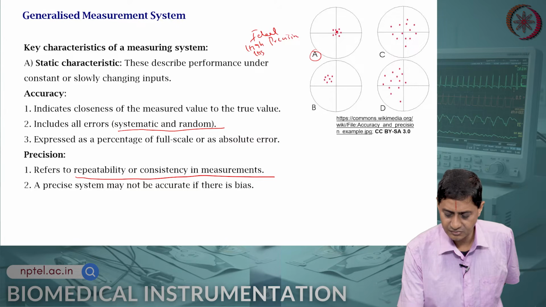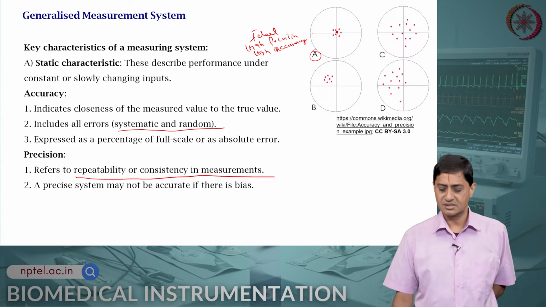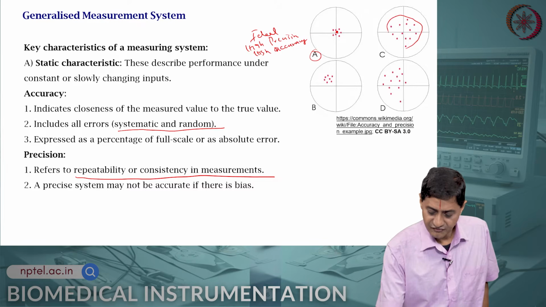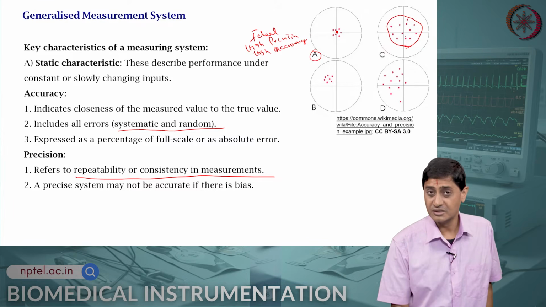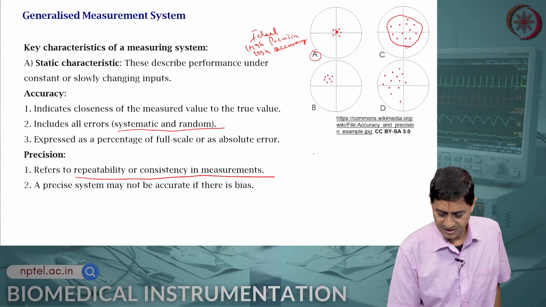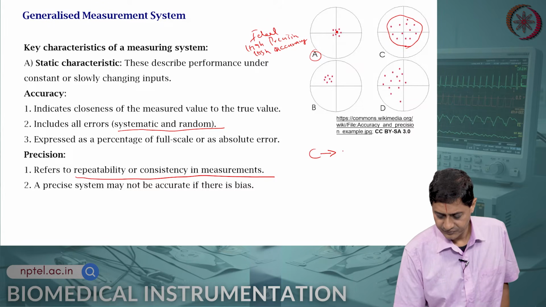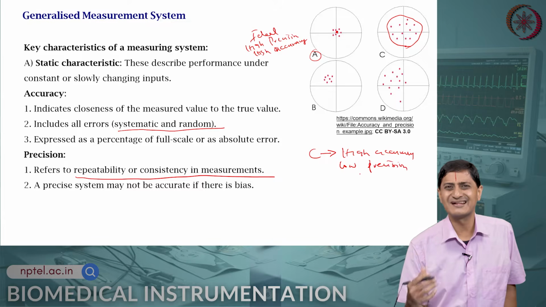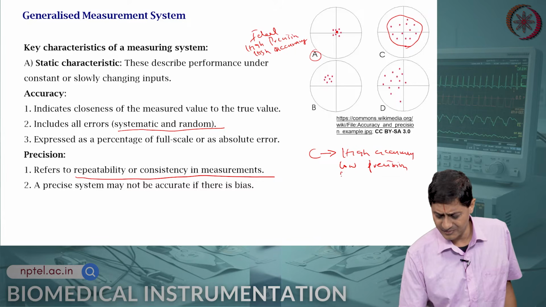If this is the true value, it is highly repeatable and it is also very close to the true value: high accuracy and high precision. This one, C, refers to a situation in which the accuracy is good, but the repeatability is not good. C refers to high accuracy but low precision. That means there is random noise or random errors.